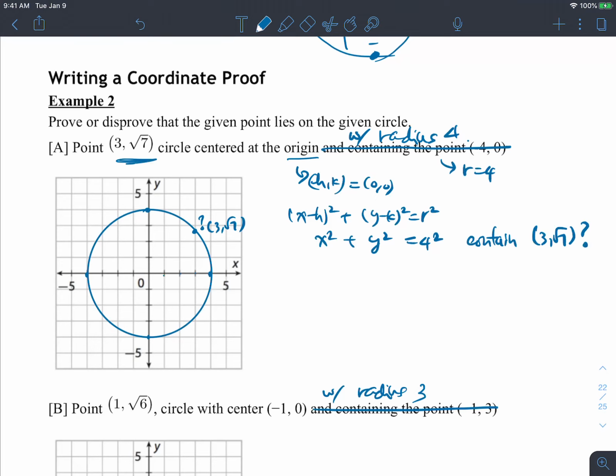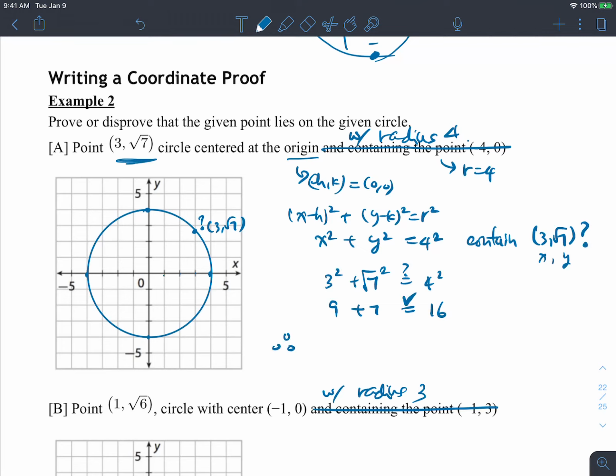Well, here's the thing, guys. If (3, √7) is contained on the circle, it should satisfy the equation. So if I plug it in, it really should work, right? Does it satisfy? That's 9 plus 7, which is equal to 16. Yes, it does.